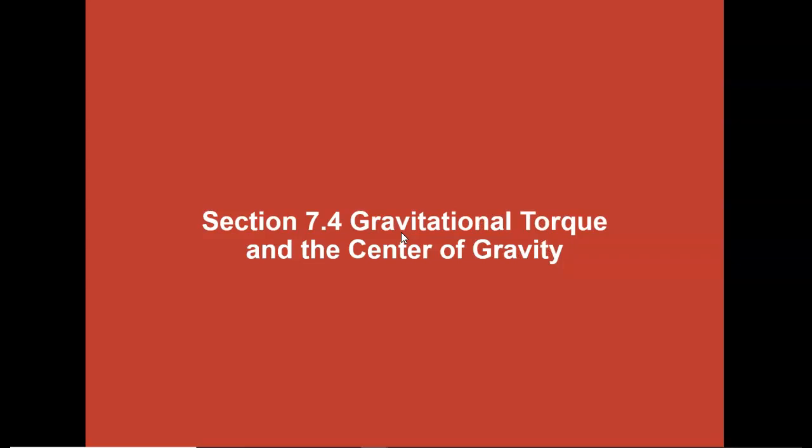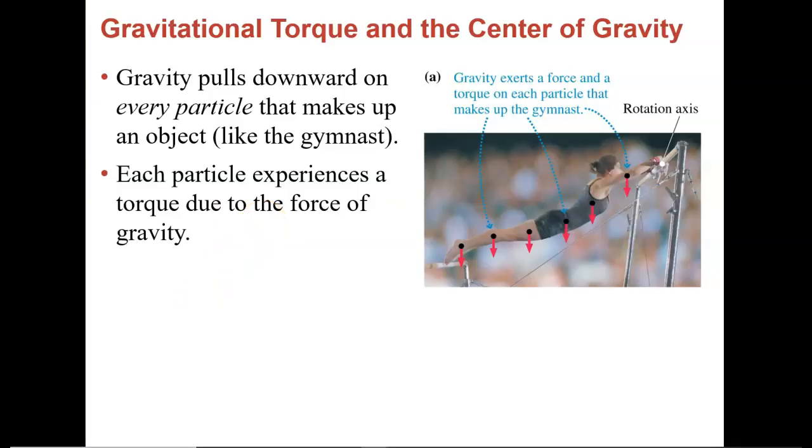All right, so now we're going to take this and look at it in terms of center of gravity and torque in large situations. If we look at this little gymnast here, gravity pulls every little particle down. Each particle experiences a torque due to gravity if it's rotating. So here's your rotational axis. There's a torque acting on all of these little locations.